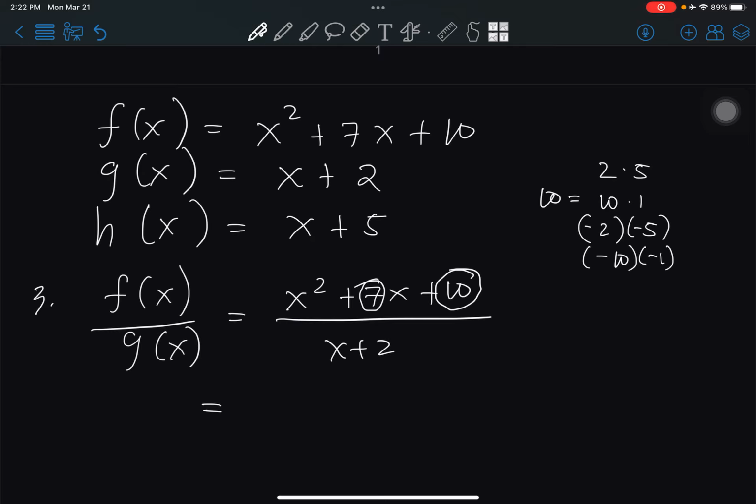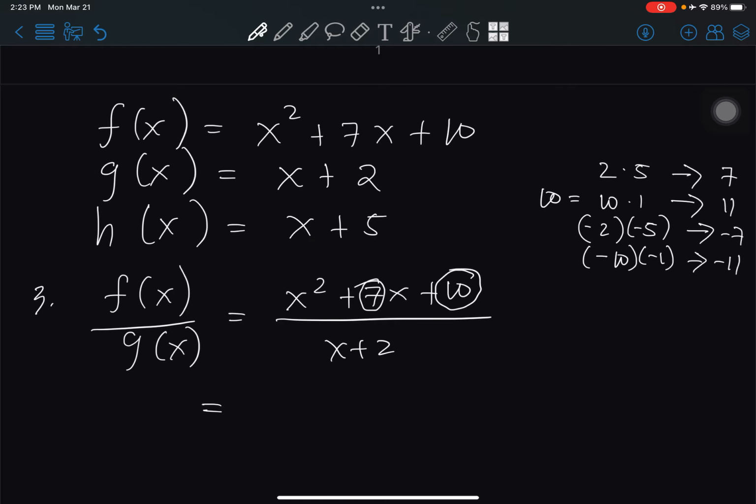However, we have to think among the 4 pairs of factors, which among the 4 factors, when added, will give us a sum of 7, because that will give the sum of your middle term's coefficient. So we have 7. Here, if you are going to add this, it is equal to 7. If you are going to add this, it is equal to 11. This is equal to negative 7, and this is equal to negative 11.